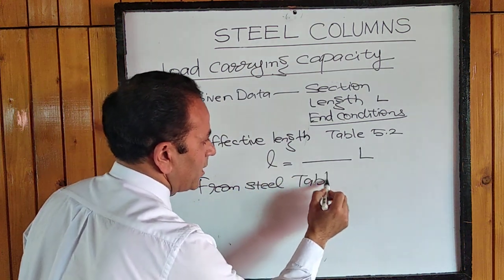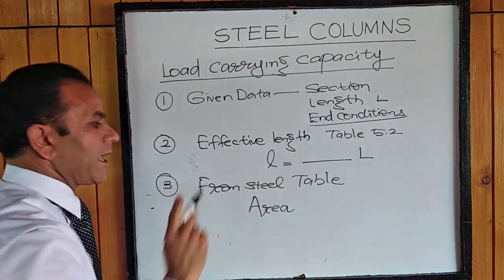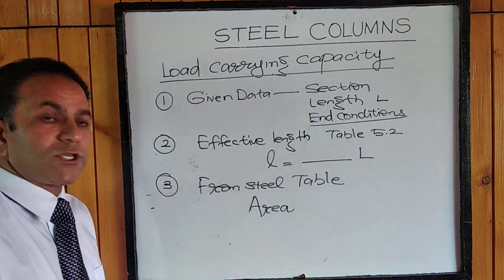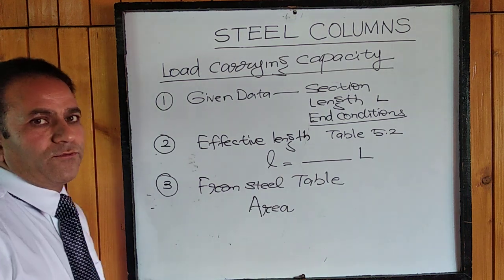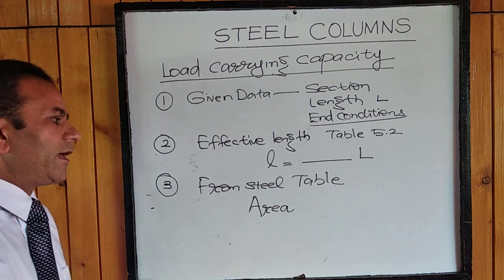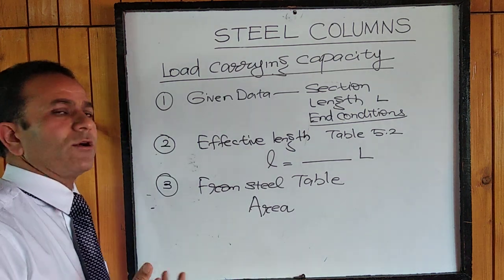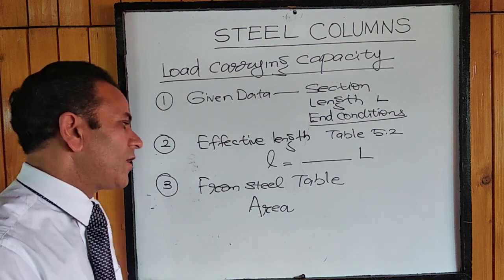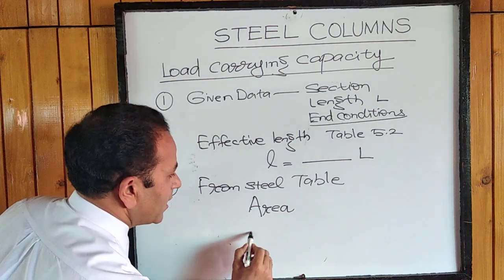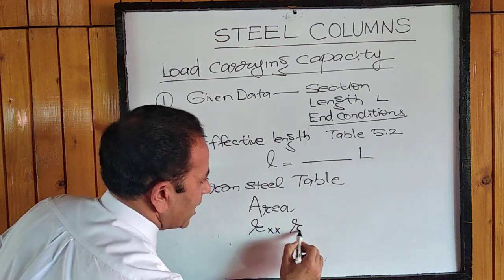From the steel table we find out the area of the member, of the section which has been used as a column. If it is a built-up member, then we will find out the total area by adding the area of the single joist and the plates, whatever is given as per the condition. Then we will have to find out R minimum, that is RXX and RYY.